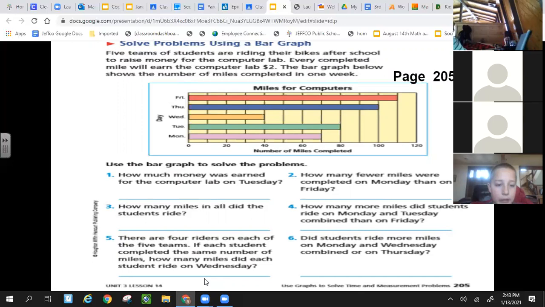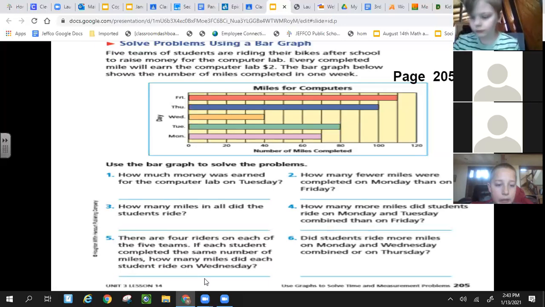So that's pretty cool. So let's see, I have the number of miles on the bottom. I'm gonna analyze my data. I see it's counting by 20, so the in-between line must be 10, which is half of 20. I see my days of the week, and now I can answer these questions. So let's think, how much money was earned for the computer lab on Tuesday?